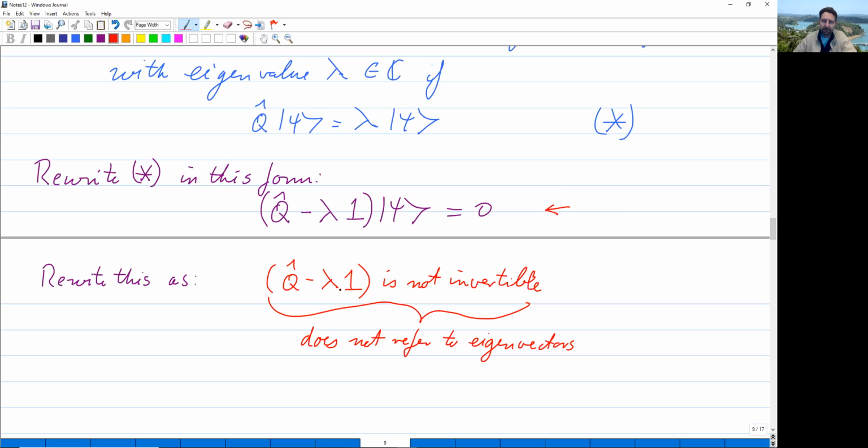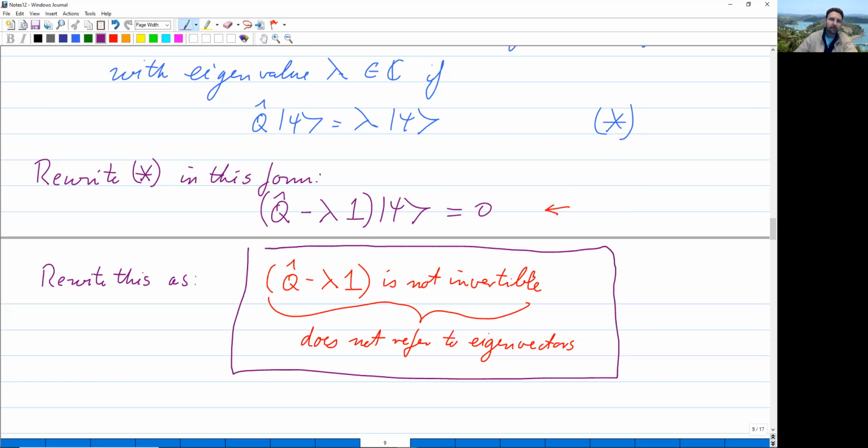So this suggests that what we should work with is this condition in the Hilbert space framework in infinite dimensions in order to stay safe and have everything well defined. We should ask, when is the operator Q hat minus lambda invertible and when is it not? That should tell us something about eigenvectors, eigenvalues, without having to worry, at least not initially, about eigenvectors and their existence in the Hilbert space.